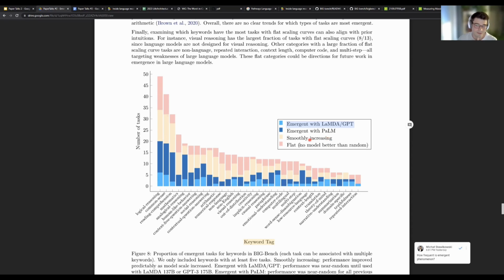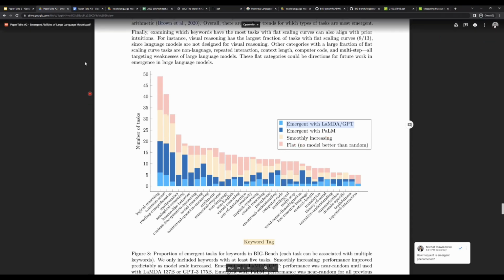Yeah, and I'm wondering if the phenomenon is more general. Like, you have those smoothly increasing ones. Maybe they have the same rule, but it just happened way earlier. So if this emergent phenomenon happens on a scale of 10 to the 20 to 10 to the 24 on this segment, maybe those smoothly increasing ones actually have a threshold.